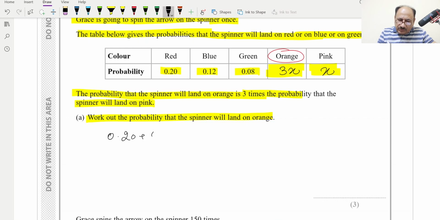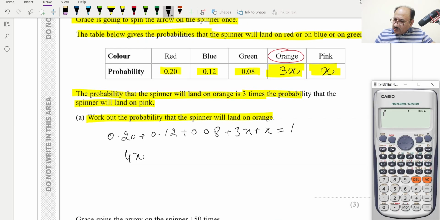0.20 plus 0.12 plus 0.08 plus 3x plus x, and this is equal to 1. So x terms, we can combine these two x terms, so it will be 4x, and the rest of the values we can add. 0.20 plus 0.12 plus 0.08, and this is equal to 0.4.